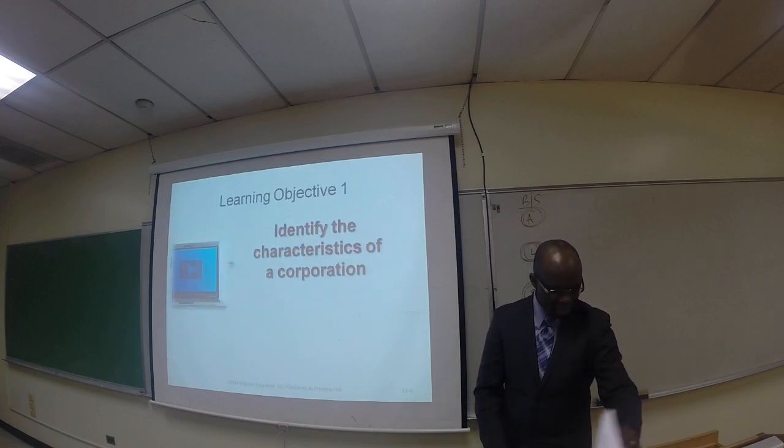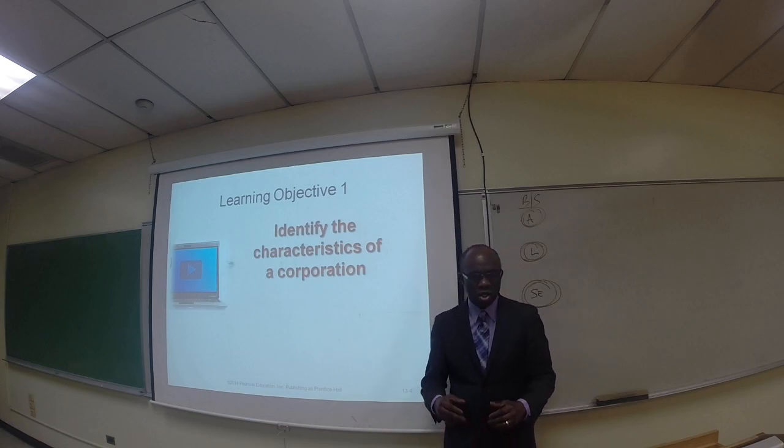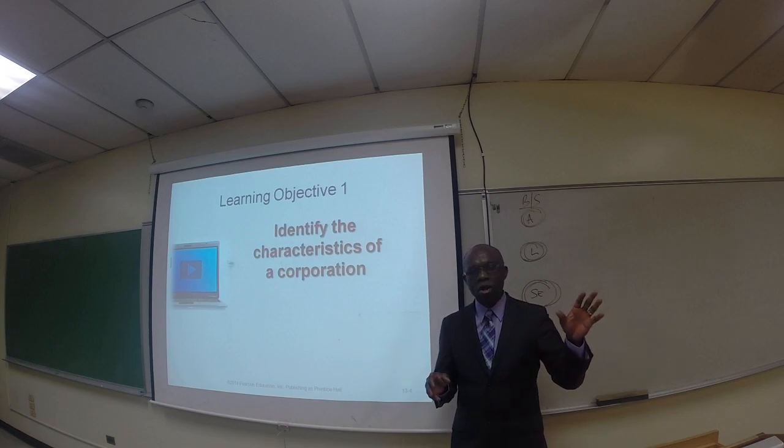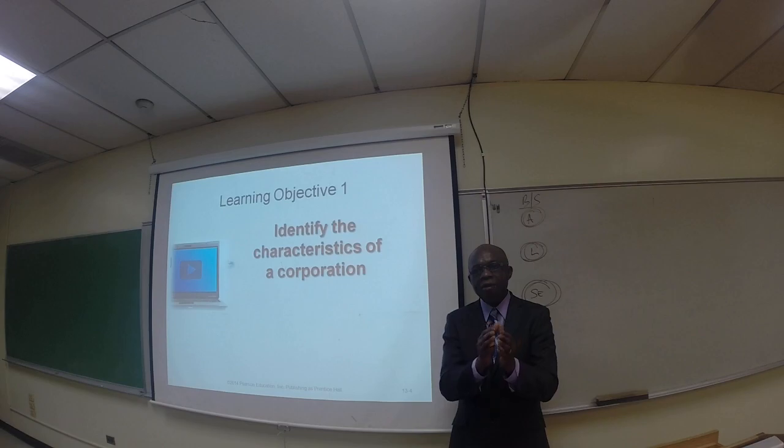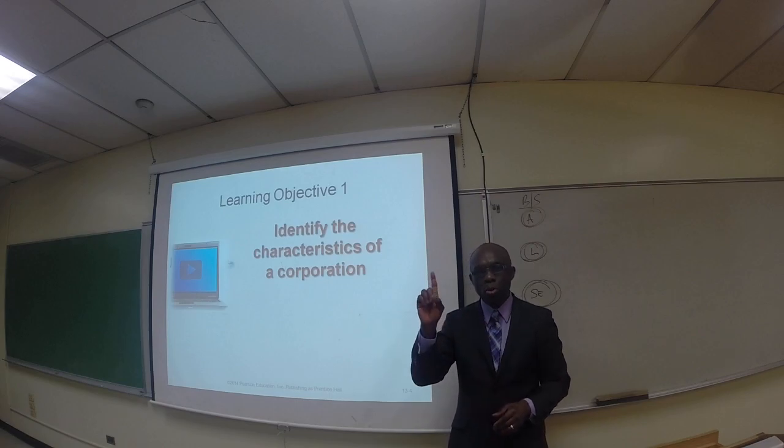Now let's take a look at the first objective, which is to identify the characteristics of a corporation. As a backdrop, recall a few weeks ago we talked about 3 different forms of organizing a company. In other words, every company has to be set up in 1 of 3 ways. Number 1, proprietorship. Number 2, partnership.